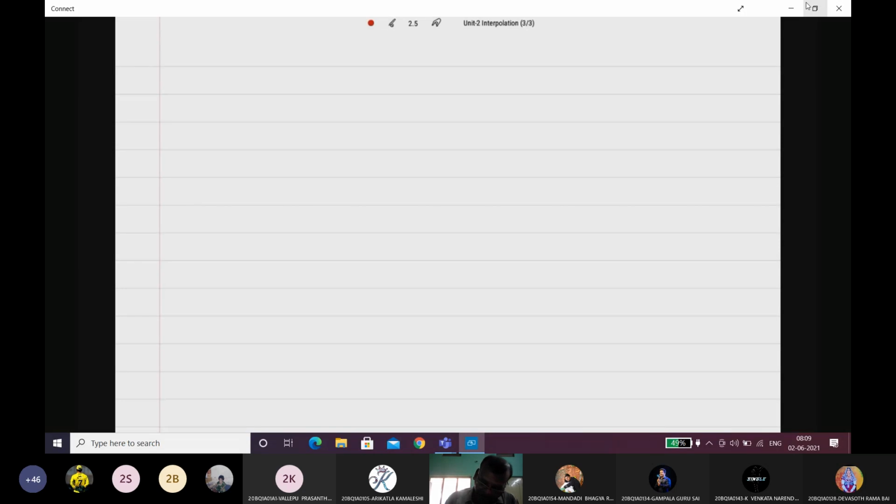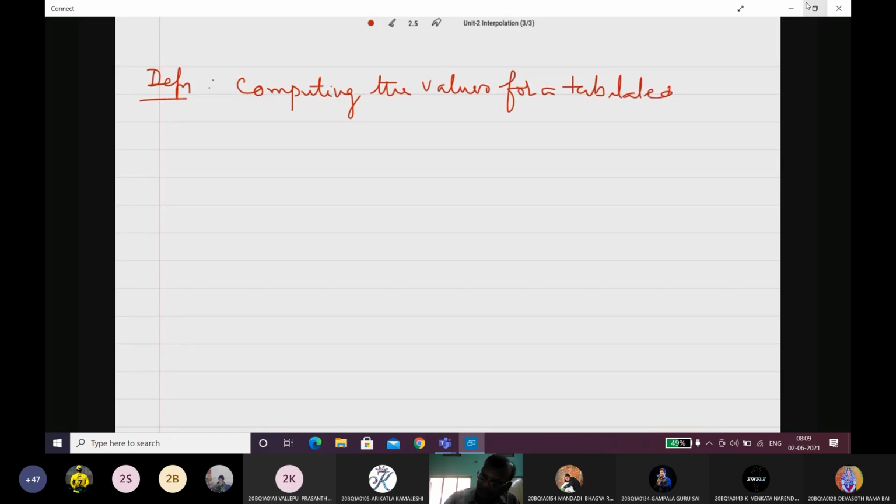Now, the simple definition that we have to write here: computing the values for a tabulated function at points not in the table.